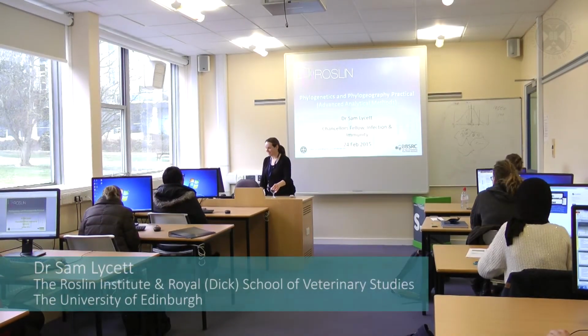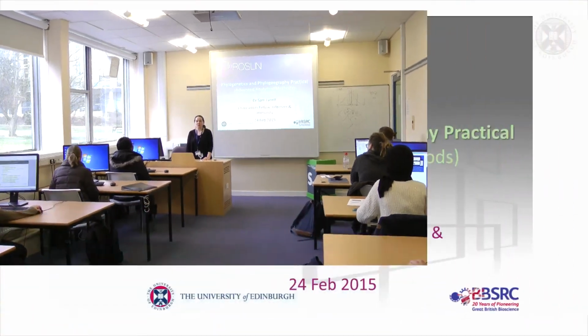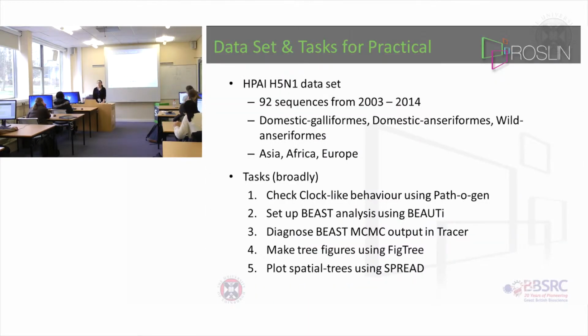Okay, so welcome back to the practical. In this practical, you will mostly be using the BEAST program I was describing, and you'll be using it on the bird flu data I was describing. In fact, it's highly pathogenic H5N1. It's the HA, the hemagglutinin segment.